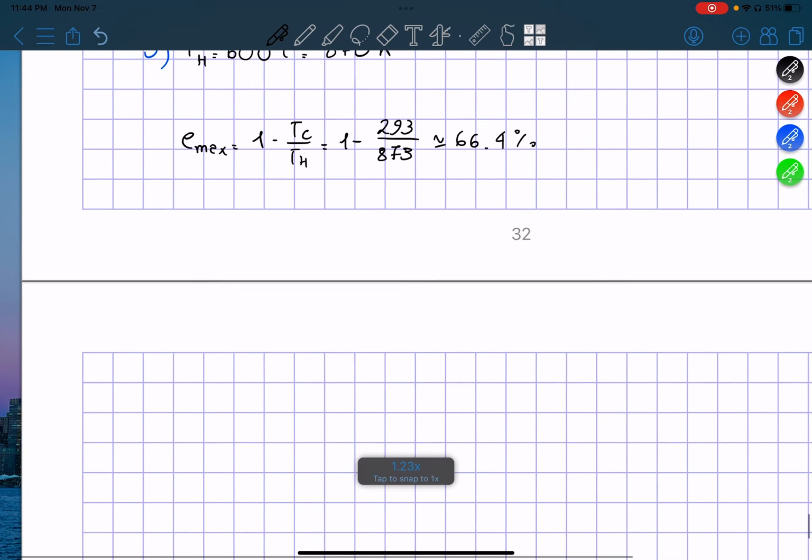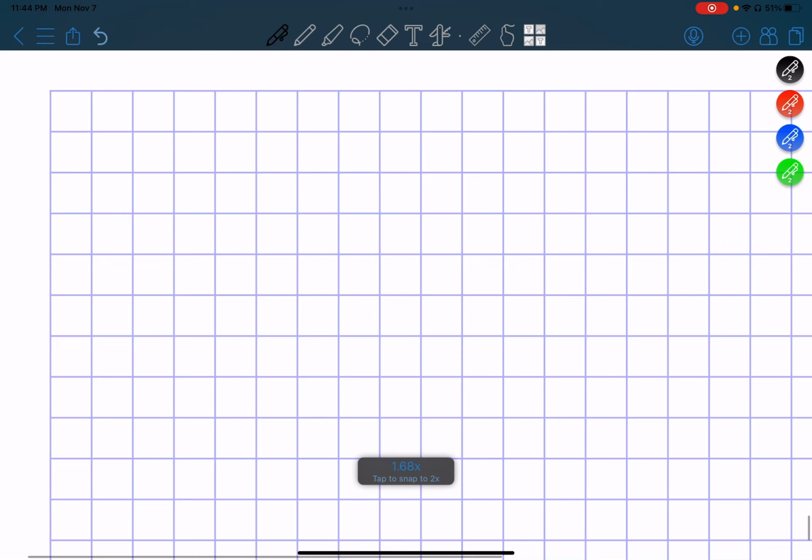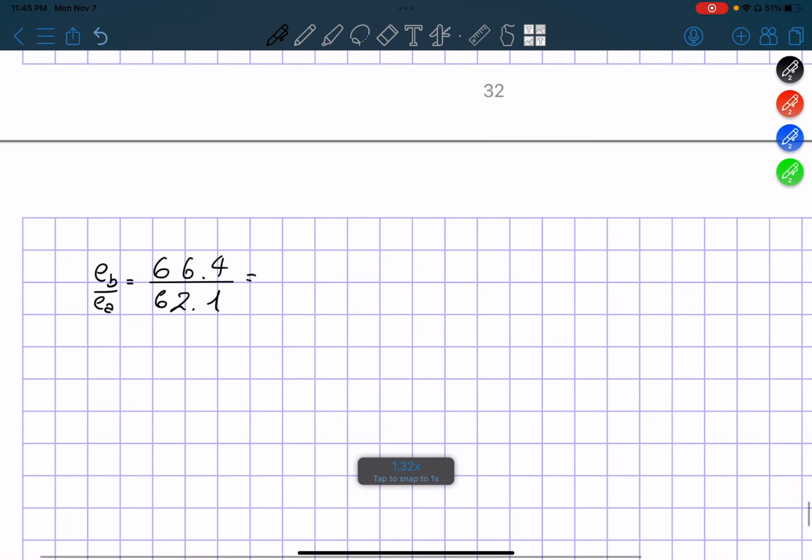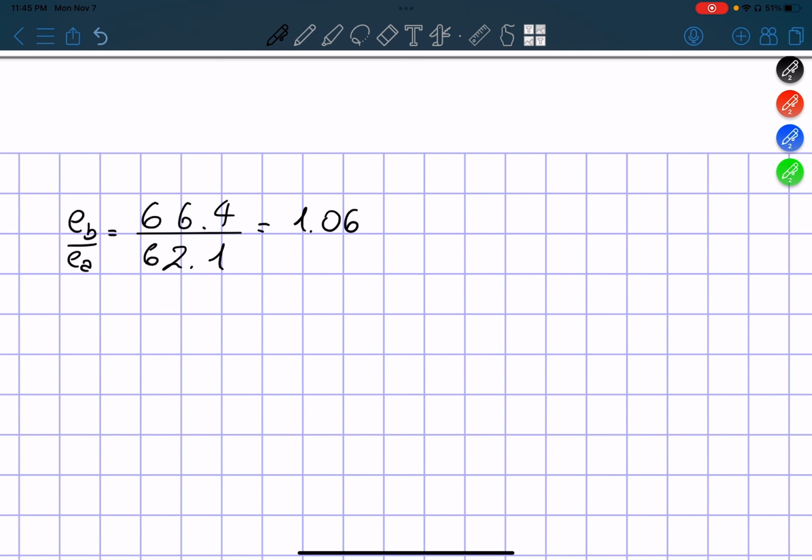So now we have to find how much more money we are making. Well, we can find the ratio in efficiencies, so we can find the ratio in the amount of electricity produced. The efficiency from part B divided by the efficiency of part A is 66.4 divided by 62.1, which is 1.069.